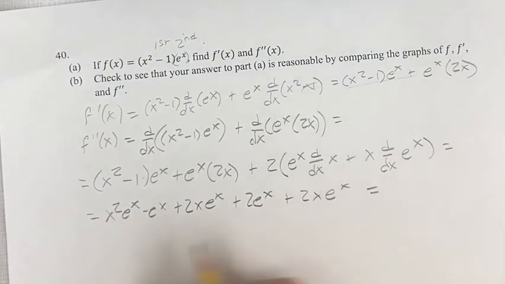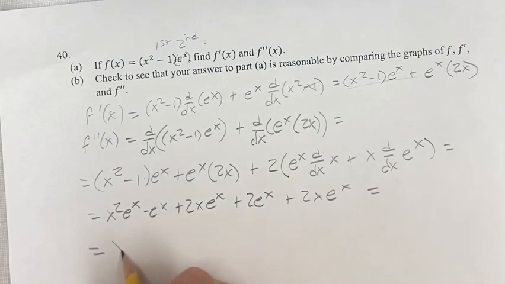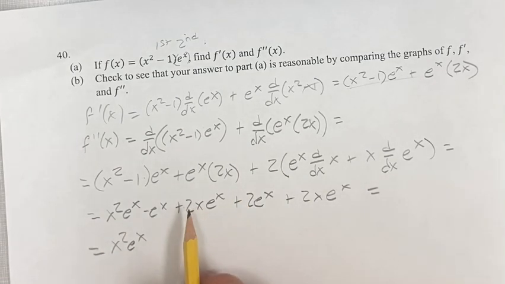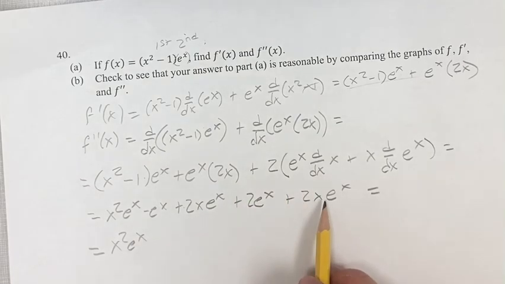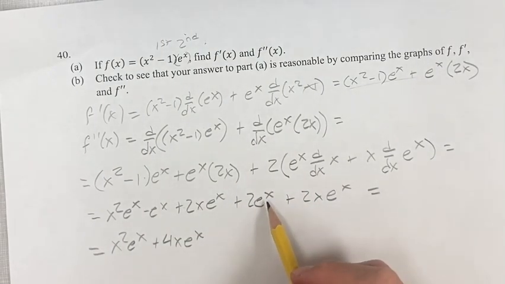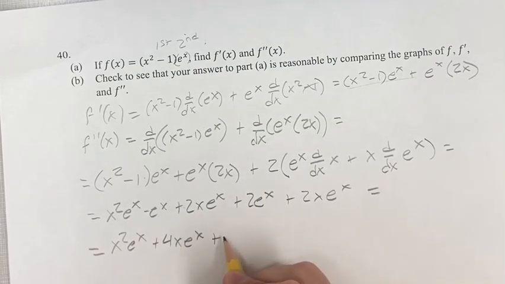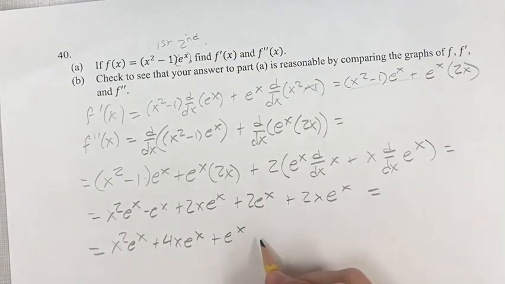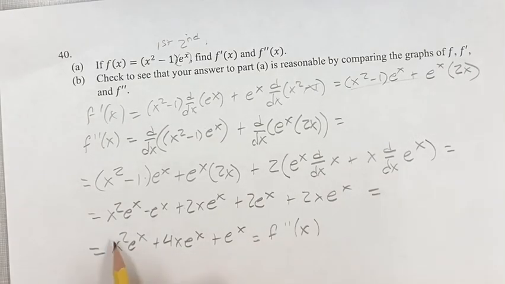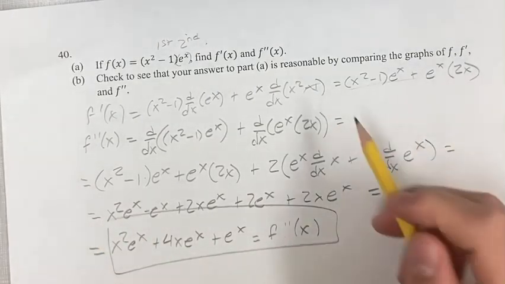Now, simplifying these, combining like terms and everything, we get x squared e to the x plus 2x e to the x plus another 2x e to the x is plus 4x e to the x, plus 2 e to the x minus e to the x is plus another e to the x. So this is going to be your second derivative. And this was the first.